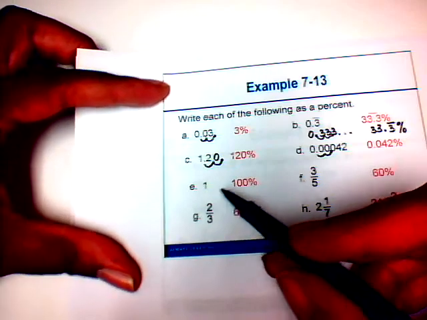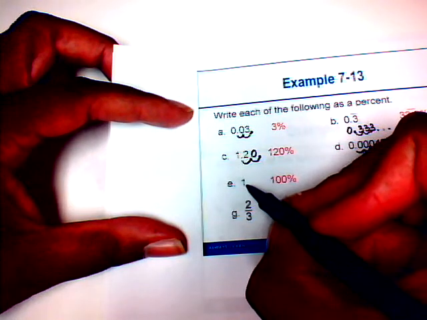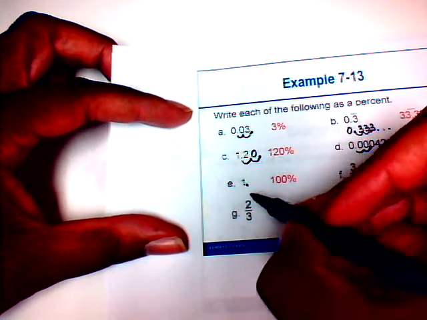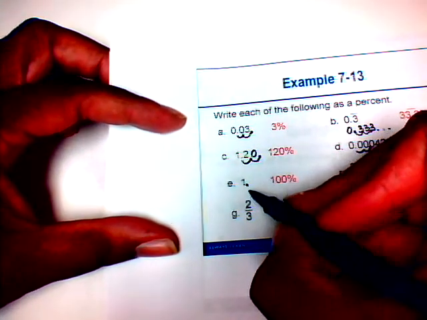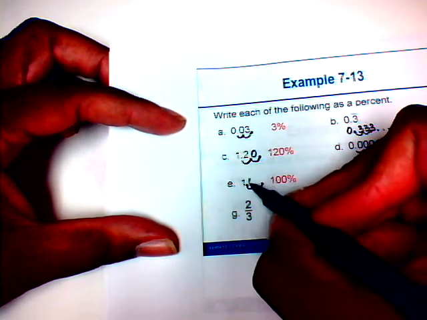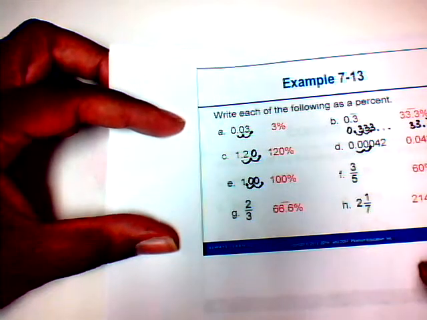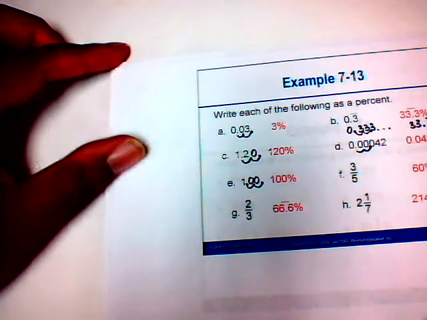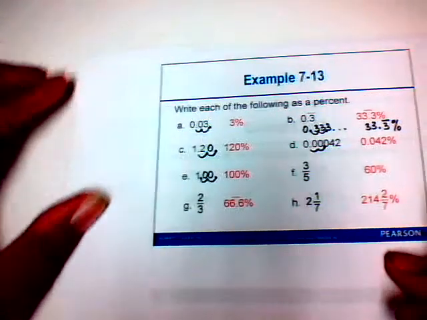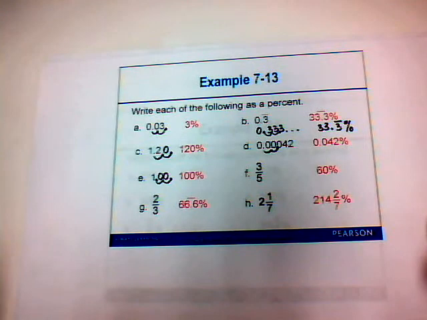And for E, the number 1. Now, there is no decimal point, but it is understood to be behind the very last digit in that whole number. So here we move this decimal point 2 places to the right. We need 2 zeros there, so it will be 100%. Now for 3/5 as a percent.